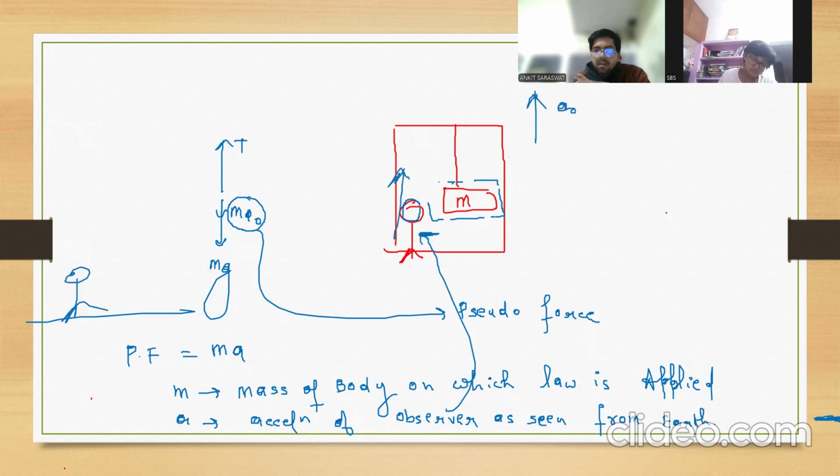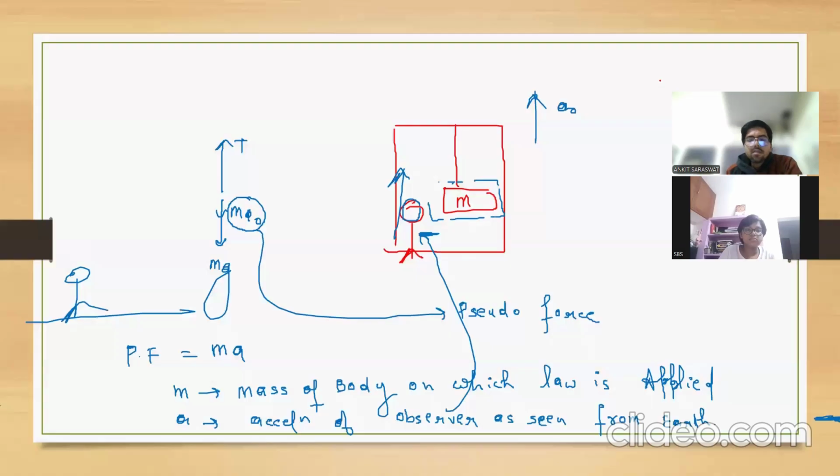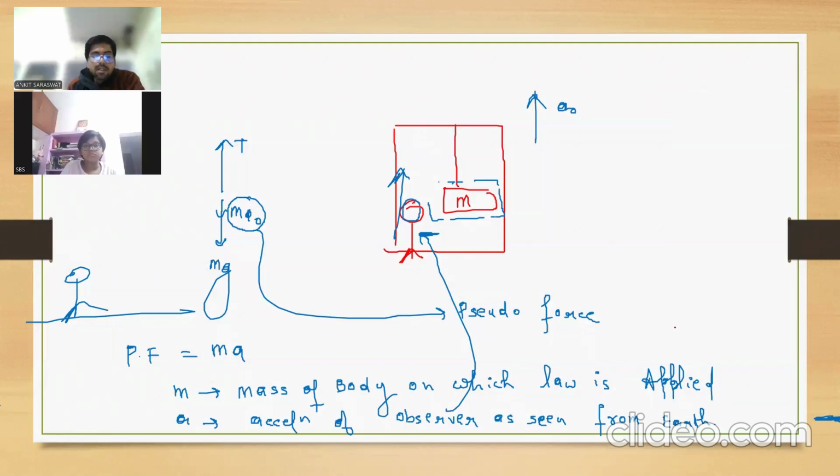Understood? Yes. One more thing I just want to explain. This is clear, like direction, because acceleration is magnitude. But direction, write down direction. I'm writing here direction of pseudo force. Direction, write down: opposite to acceleration of observer.